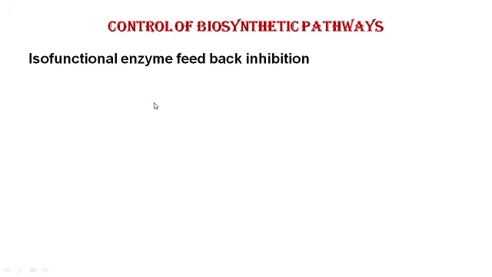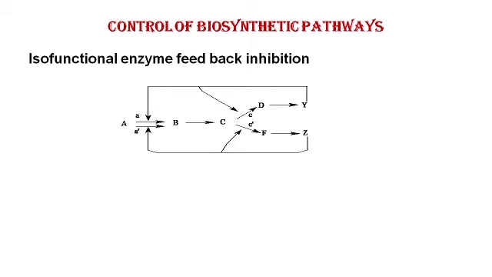In the isofunctional enzymes, the feedback inhibition is seen in this way. Let us first see what isofunctional enzymes are. Isofunctional enzymes are two different enzymes showing the same function. So here you have an enzyme A and A prime.